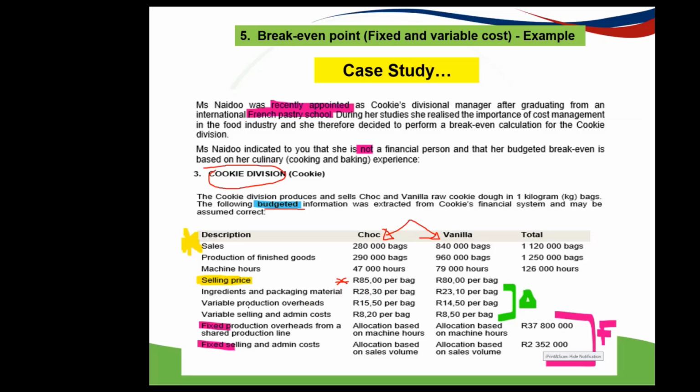We've got our variable production overheads, variable selling and admin cost, and then we've got fixed costs. So these 3 costs are our variable cost, and then we've got our fixed production overhead cost, and we're telling you it's from a shared production line, and then we've got our fixed selling and admin cost, and this is then our combined fixed cost.